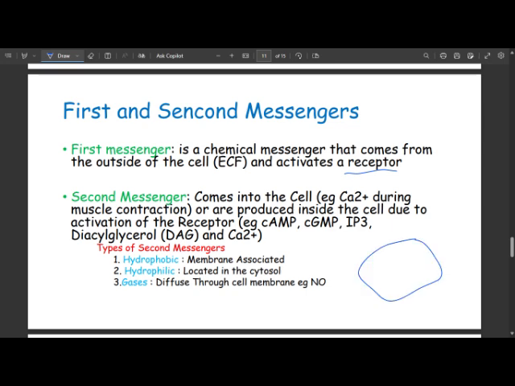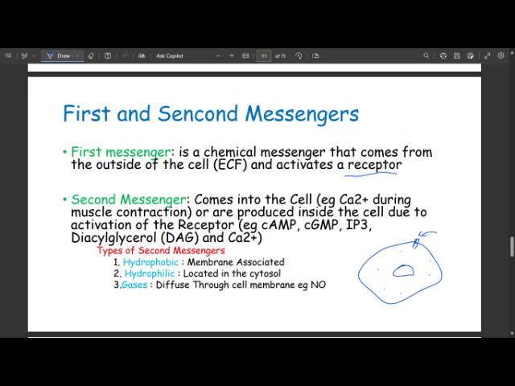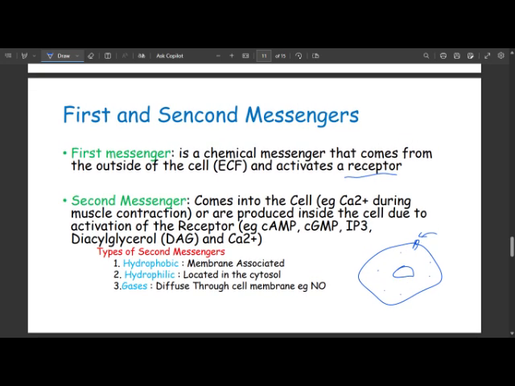So the cell membrane, like that, is the nucleus, cytoplasm. On the cell membrane, that's where you have your receptor for the first messengers. Then for the second messenger, the criterion is that it comes into the cell, or it has to be produced inside the cell due to activation of a receptor. So first, the receptor has to be activated by binding of a first messenger.